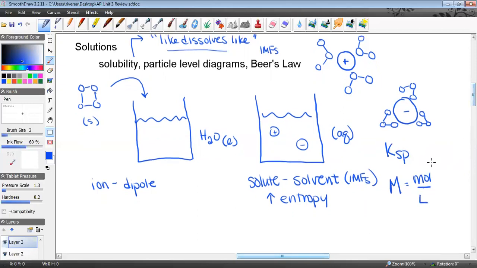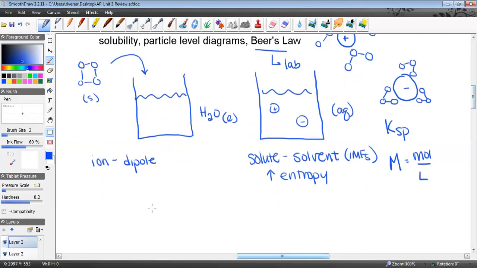The last thing I want to talk about here is how we can actually measure the concentration of a solution in the lab. And we did this in the lab. We used Beer's law. Remember this one? Where we measured concentration based on the absorbance, like how much light got absorbed by that solution. So this is Beer's law.